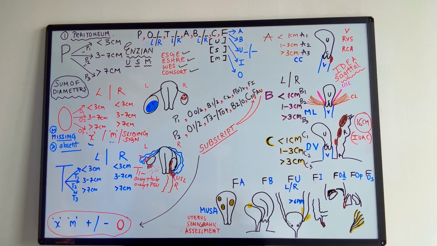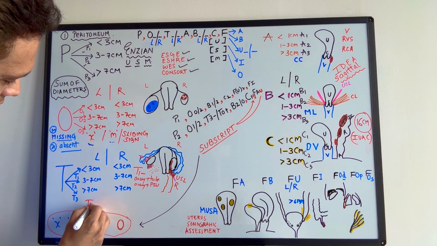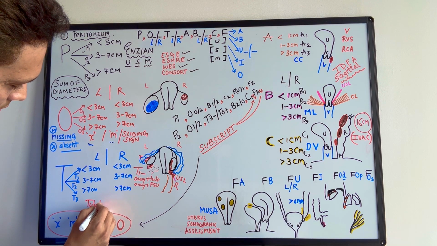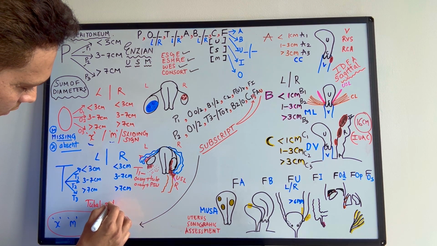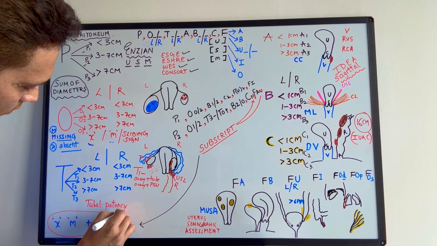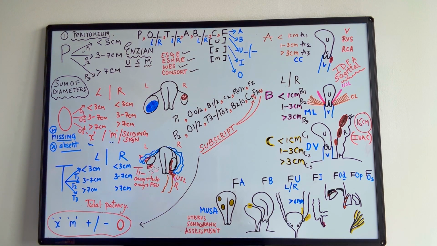So what do you think plus and minus is? Plus and minus means tubal patency. There's a forward slash that separates the left tube from the right tube. So if this is an example that is given to me, it means the left tube is patent and the right tube is patent. So how do we find the patency of the tube?